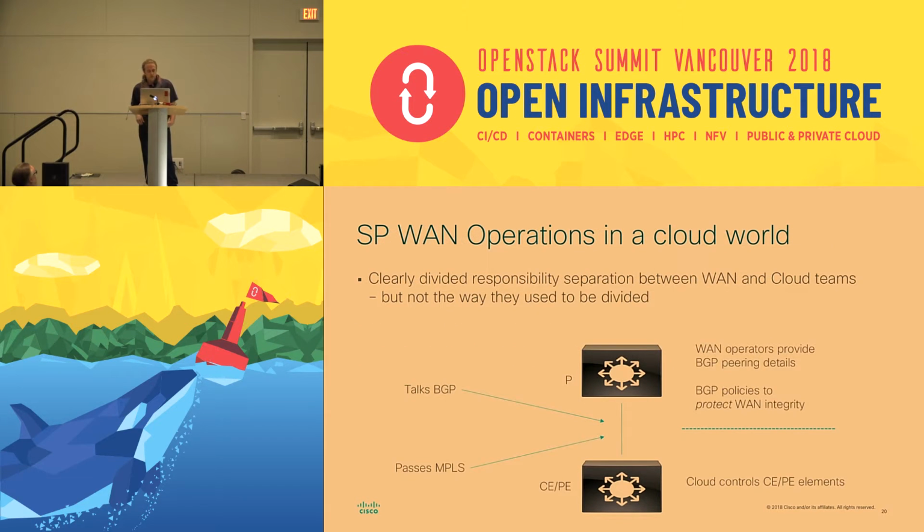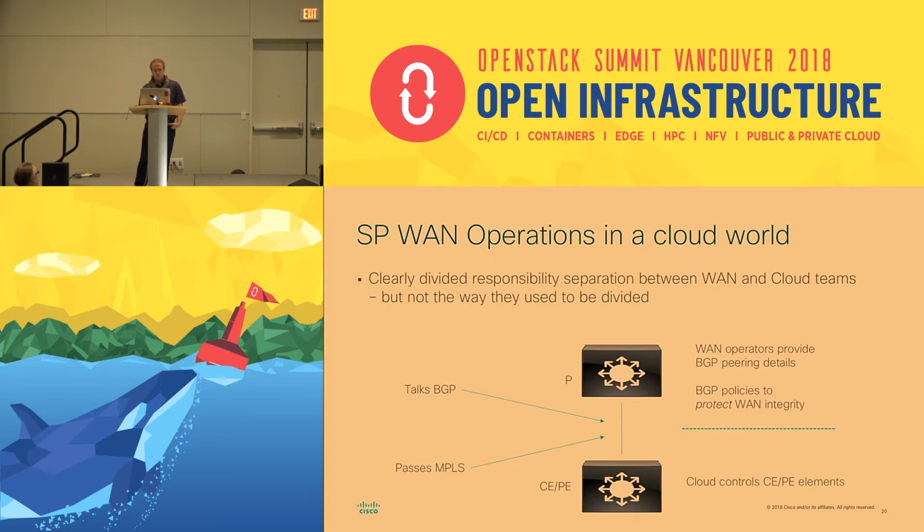So that's one of the elements, as the responsibilities, where we say, okay, on the P side, this is still under the control of the WAN operators. It's providing you as a cloud operator the information you need to be able to peer with the P side. But now the CE and PE side is under the control of the cloud. And there's some boundary where the P side is giving you the information you need to actually operate the PE, but everything else comes from the cloud operator at this point.